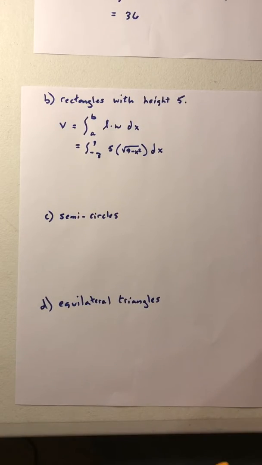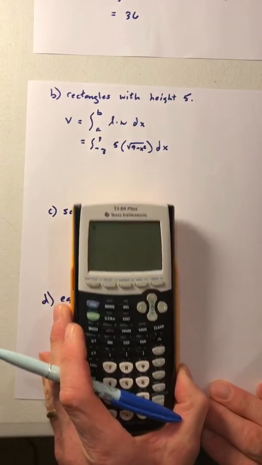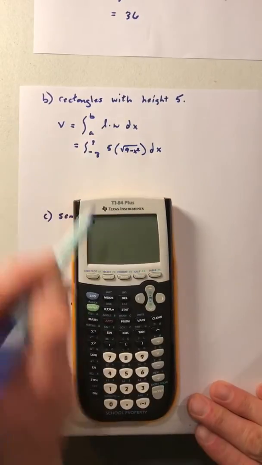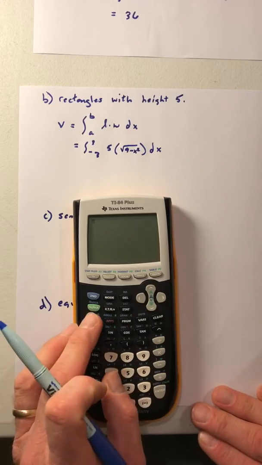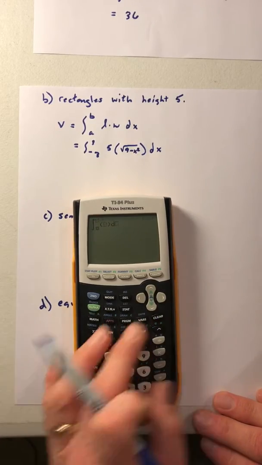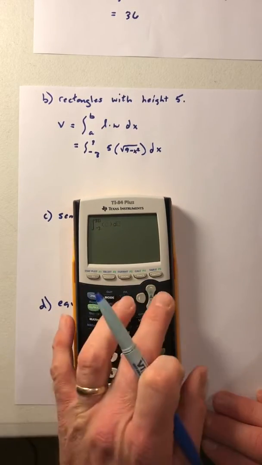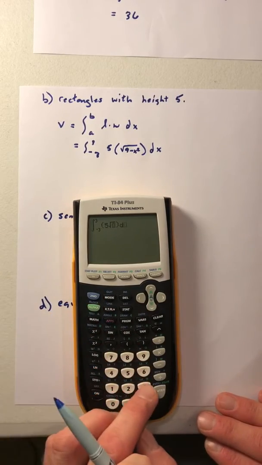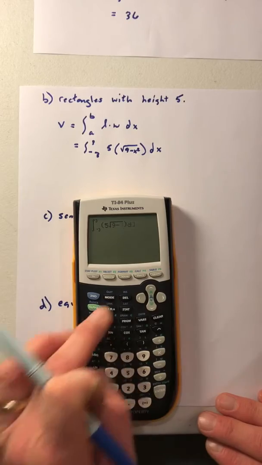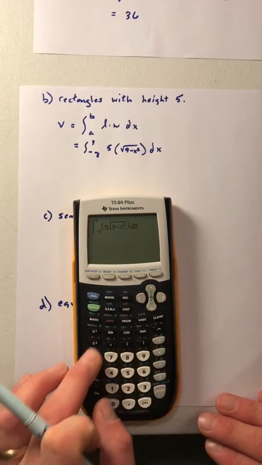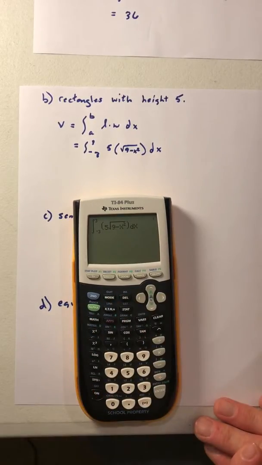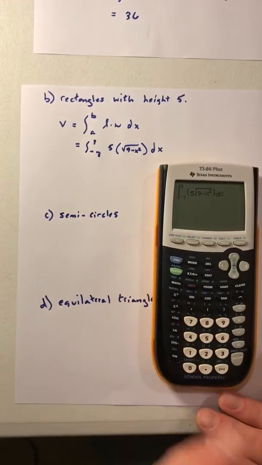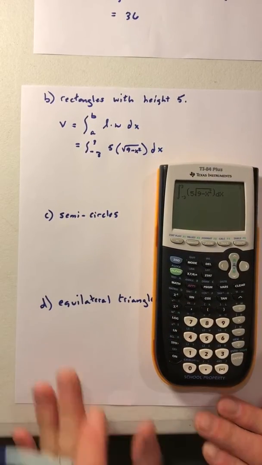Again, this is definitely going to be a calculator question, since we can't integrate easily the square root of 9 minus x squared. So I'm going to go math 9, -3 to 3 of 5 square roots of 9 minus x squared dx. Go and allow it to work for a few seconds.